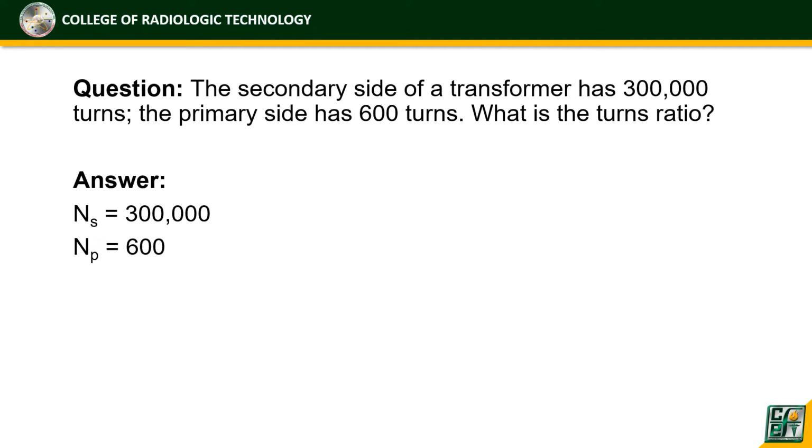And the formula is N sub S over N sub P. Then it should be expressed as 300,000 divided by 600. And the answer is 500 is to 1. So the turns ratio for this question is 500 is to 1. Later we will know the significance of getting the turns ratio.